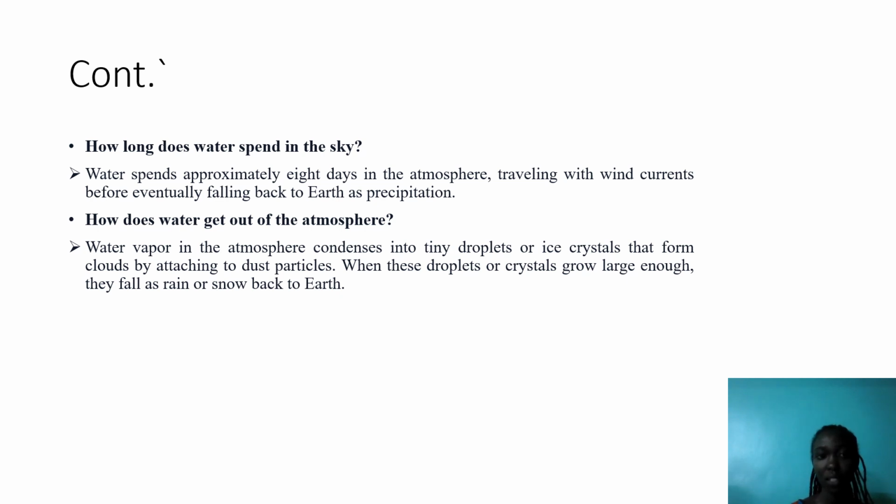Another question: how does water get out of the atmosphere? Water vapor in the atmosphere condenses into tiny droplets or ice crystals that form clouds by attracting dust particles. When these drops or crystals grow large enough, they fall as rain or snow back to the earth.